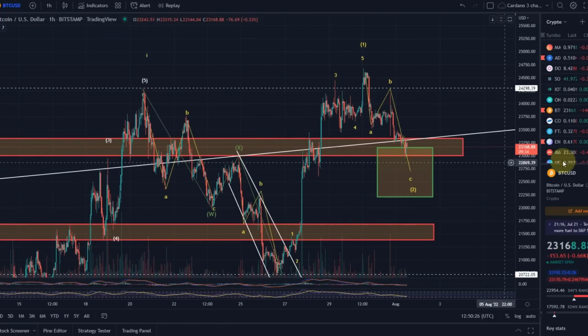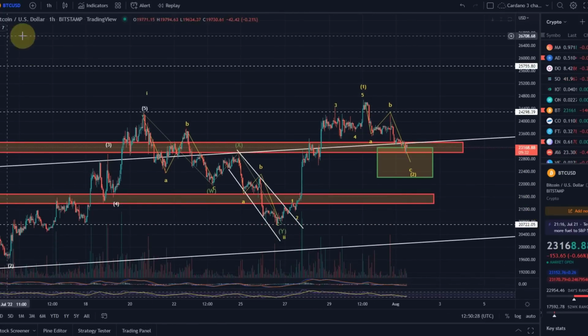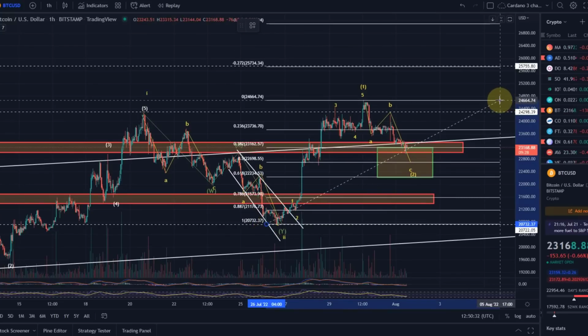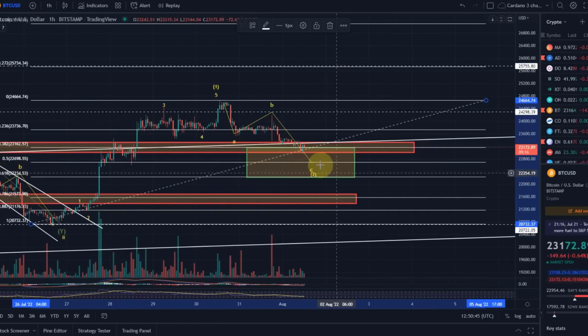We can look at a few things here that are interesting. First of all, this overall reversal area for a wave 2 is based on the Fibonacci retracements for the wave 2, between the 38.2 and the 61.8 Fib level, between 23,160 and 22,230.